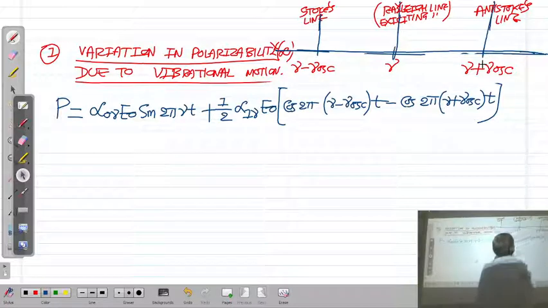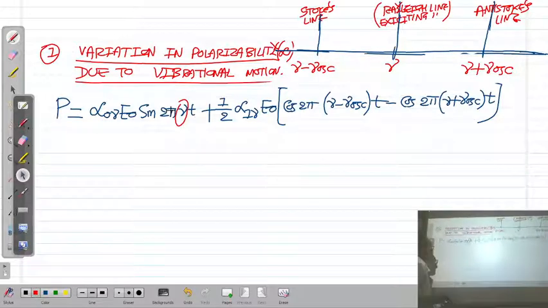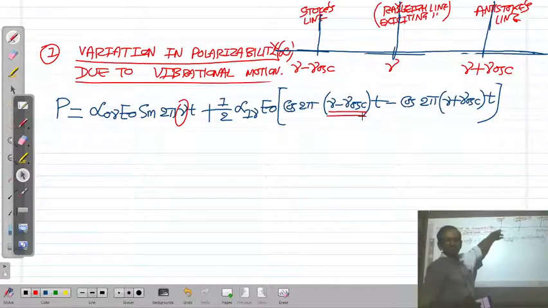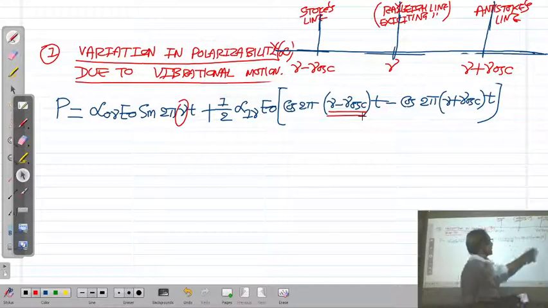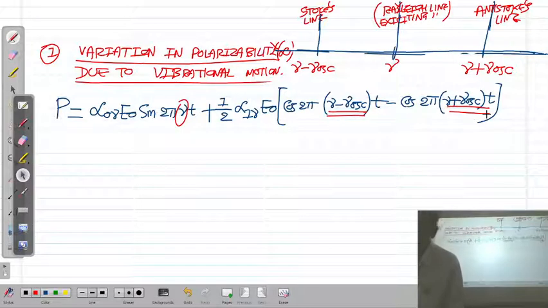This equation says that if nu is the frequency of the exciting line, then nu minus nu oscillation is the frequency of the Stokes line, that is the vibrational line, and nu plus nu oscillation is the frequency of the anti-Stokes Raman line, right?